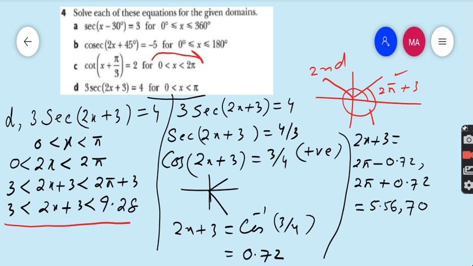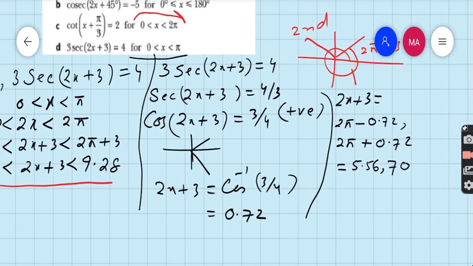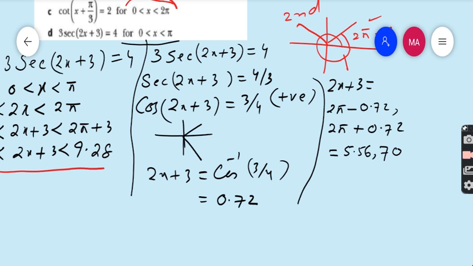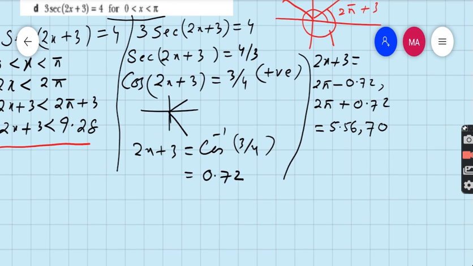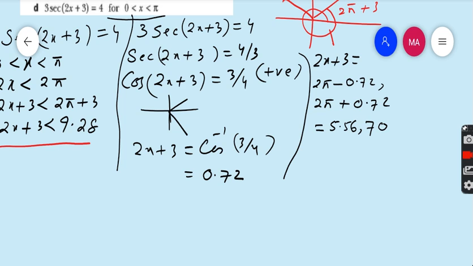But this is not our final answer, because we need to find the value of x. So 2x plus 3 is equal to, first 5.56 and second 7.0.